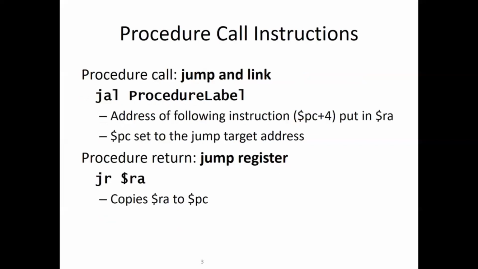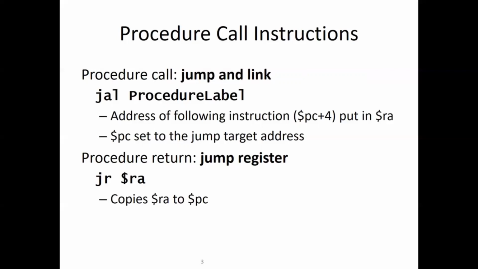Two operations support procedure invocations in MIPS. On the call side, there is the JAL, or jump and link instruction. This instruction places the next instruction's address, PC plus 4, into the return address register $RA, and places the procedure's entry point in the $PC.